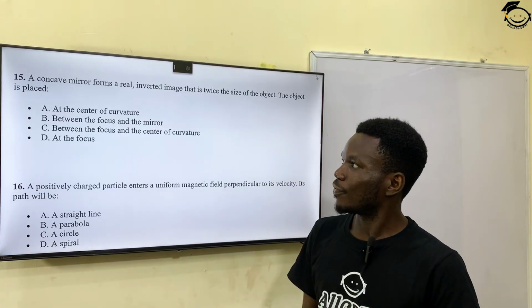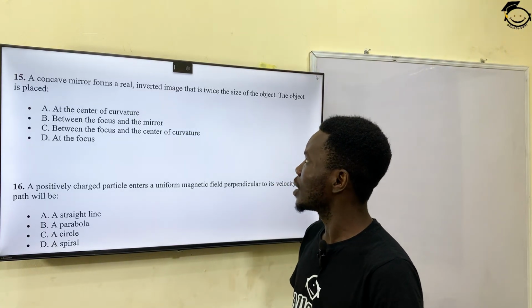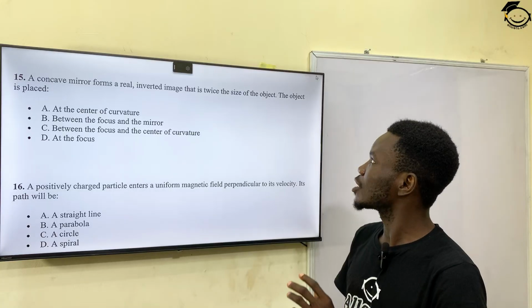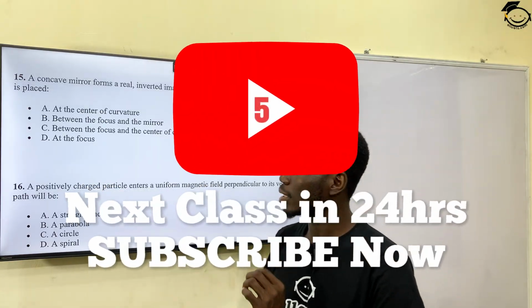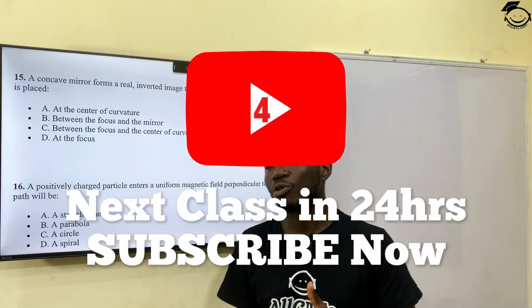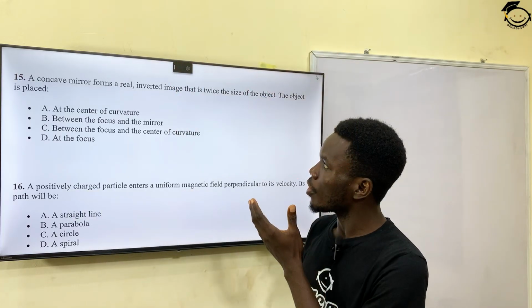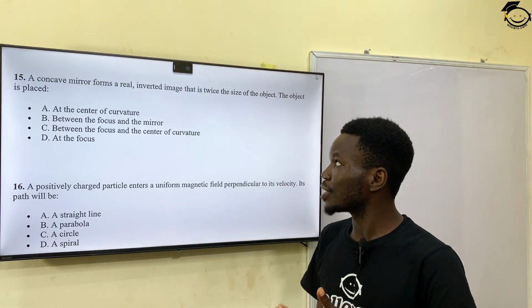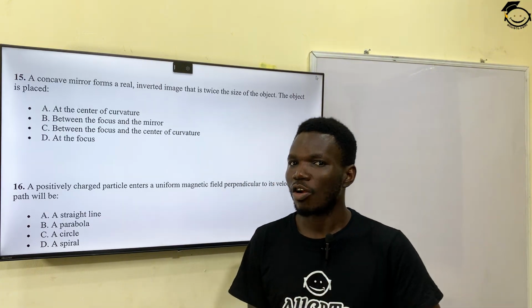Moving on to question number 15, it says a concave mirror forms a real inverted image that is twice the size of the object. The object is placed dash. So they ask you, where are you going to place the object for a concave mirror to form a real inverted image that is twice the size of the object?